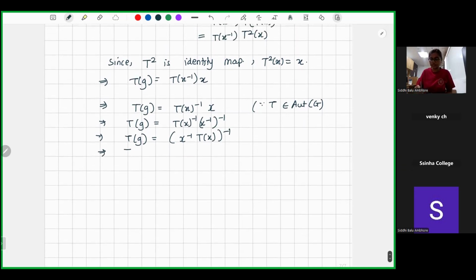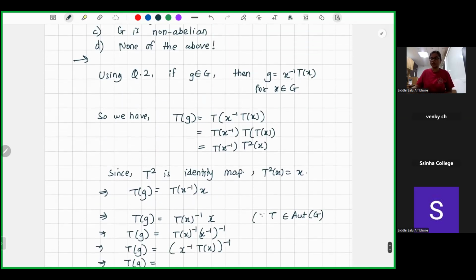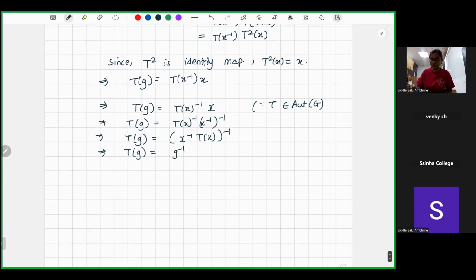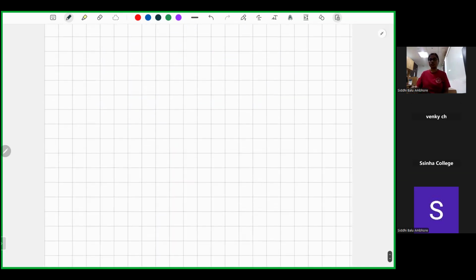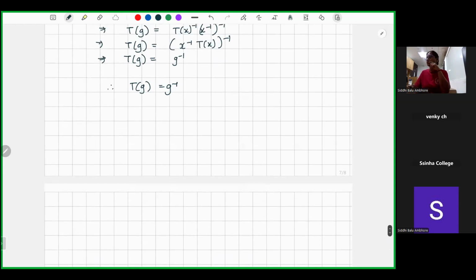But x inverse T of x was what? g. So this is g inverse. So therefore, my T is like this: T of g is g inverse for all g in G.